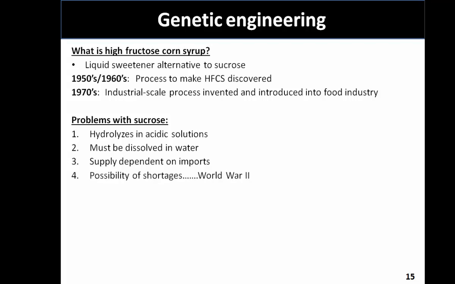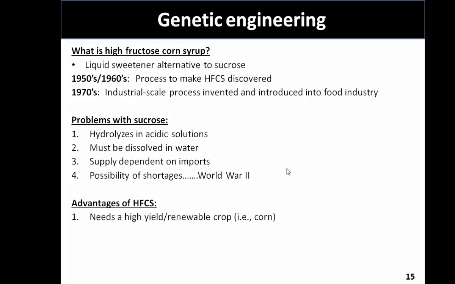This was realized in World War II. In Canada and the United States, there was a very drastic shortage of sucrose and hence sugar in both countries, as the sugar that existed was shipped overseas to support the war effort.